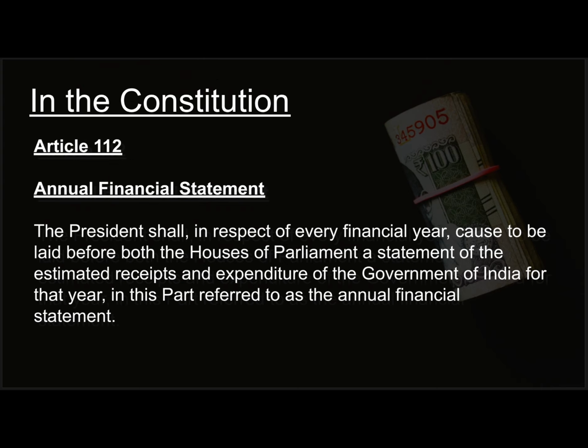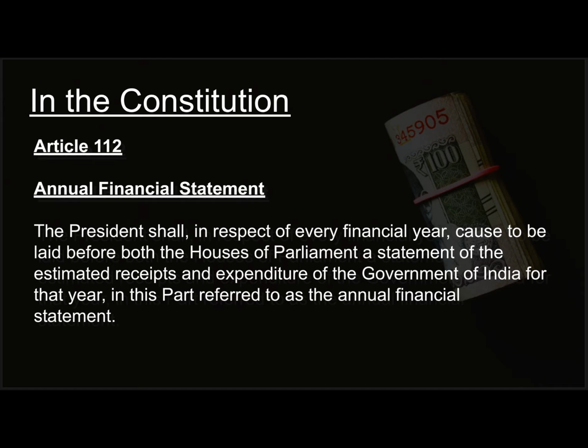In the Constitution of India, Article 112 talks about having a budget, but the term used here is annual financial statement. The article says that the President shall, in every financial year, cause to be laid before both the Houses of Parliament a statement of the estimated receipts and expenditure of the government for that year.